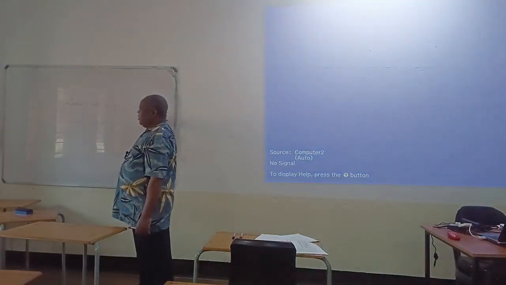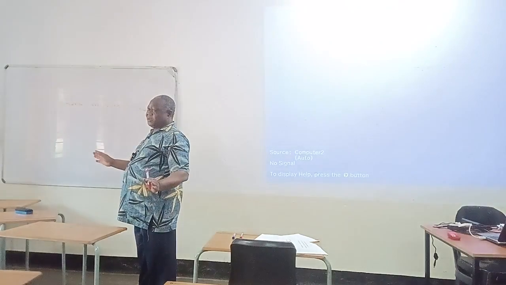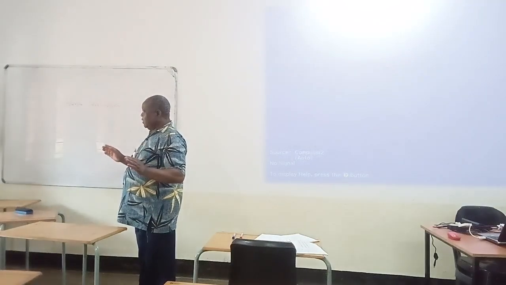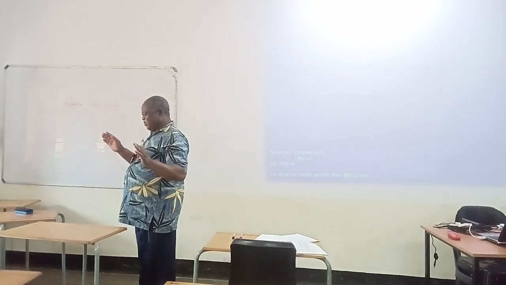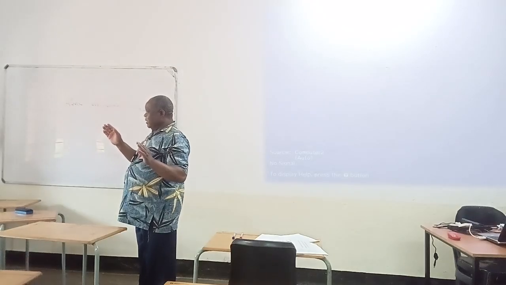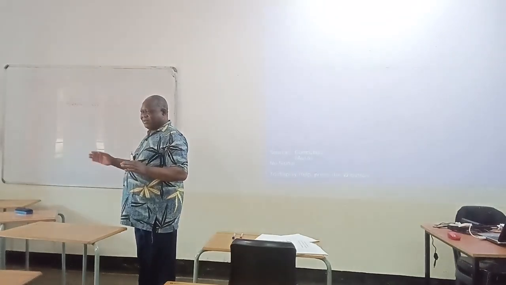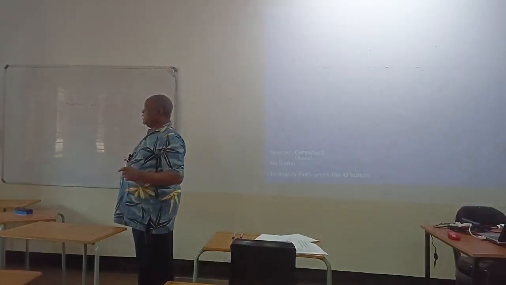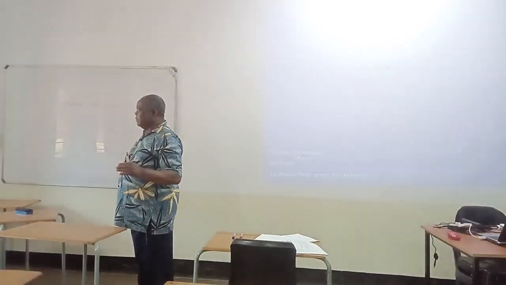So rank correlation coefficient is used when you have all the scores measured in an ordinal scale. Let's say, for example, statistics is ordered from number 1, 2, 3, 4, depending on their performance. Mathematics ordered 1, 2, 3, 4, depending on their performance.